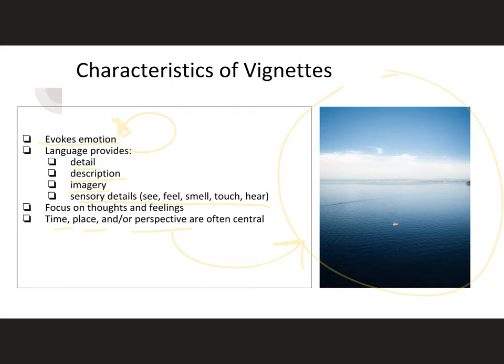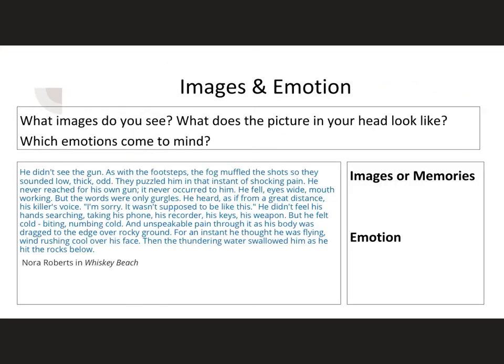This big bird's eye view gives a totally different sensation than if the perspective was in the boat with the people, up close and personal. So these are some characteristics of vignettes. Take a pause on this slide. Make sure to transfer these notes to your guided notes.